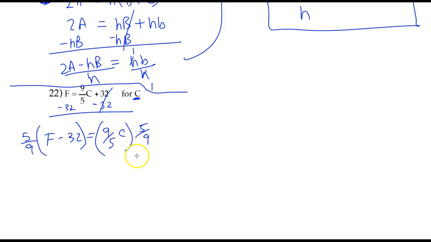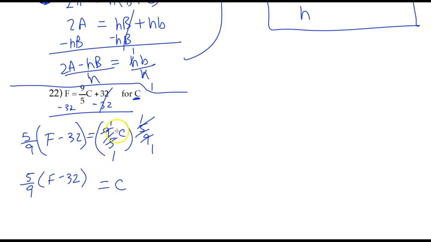And so that 5 and that 5 reduce to 1, that 9 and that 9 reduce to 1, and all I have left is 1 times c, which is c. And then over here, of course, I have 5 over 9 times this. And if you kept it like that, that is acceptable.